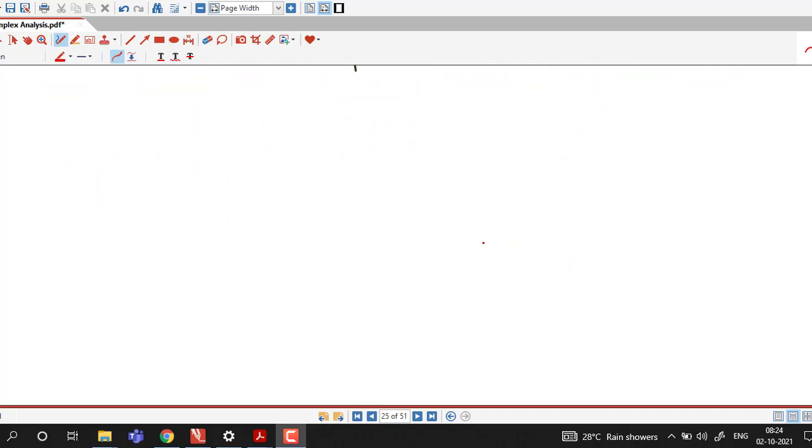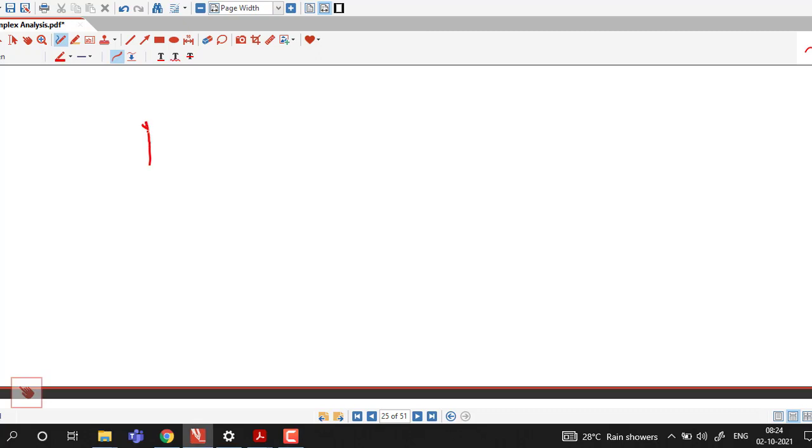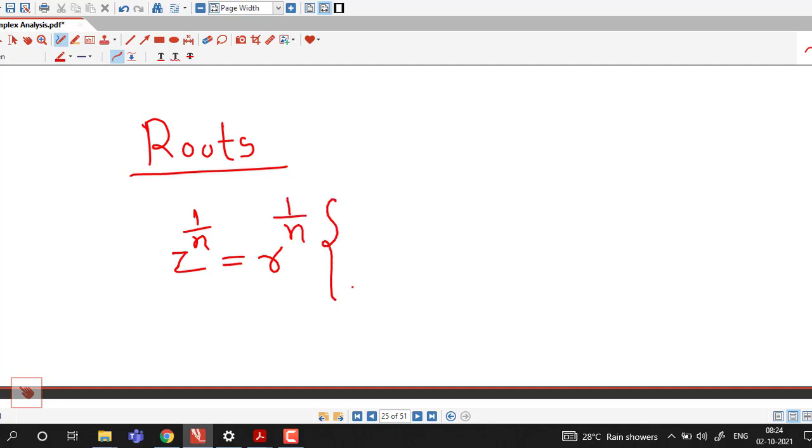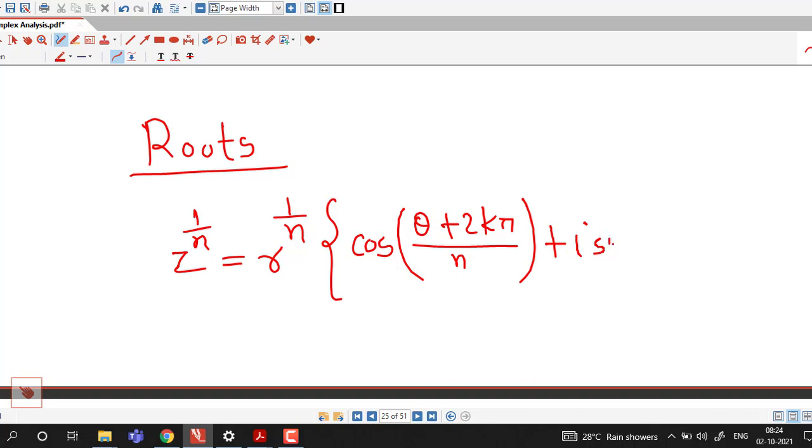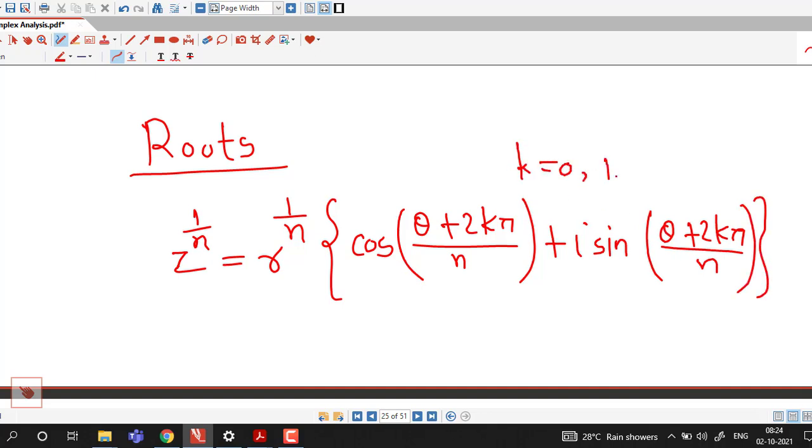In earlier lectures we have seen how to find roots of a complex number, and we know the general formula that z to the power 1 by n, which is the nth root of z, is given by r raised to 1 by n times cosine of (theta plus 2k pi) over n plus i sin of (theta plus 2k pi) divided by n, where k runs from 0, 1, 2 up to n minus 1, and here r is the absolute value of z and theta is the argument of z.